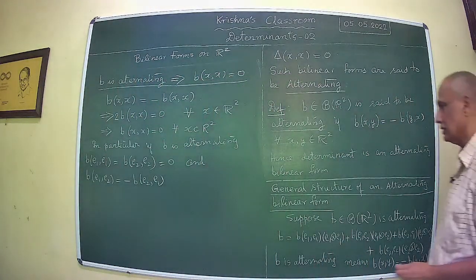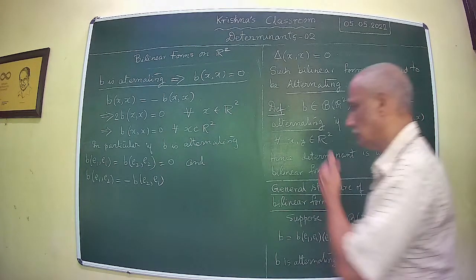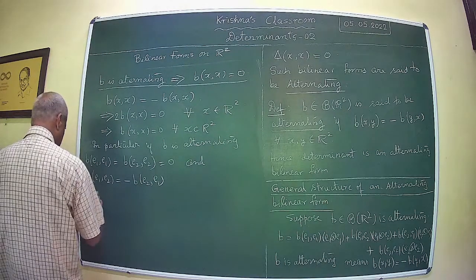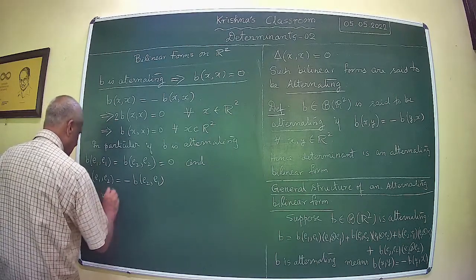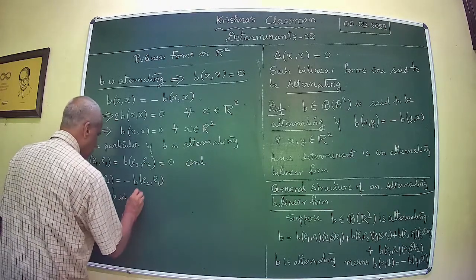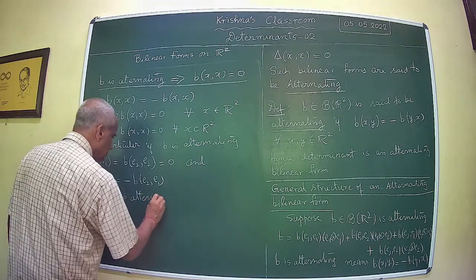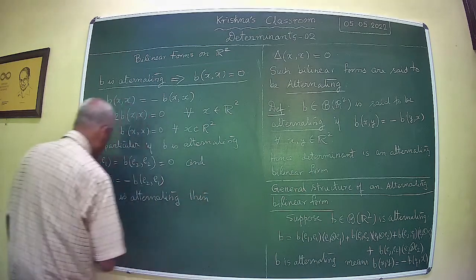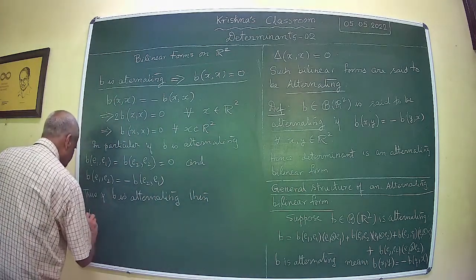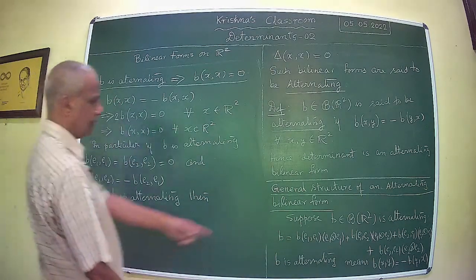Therefore you see that, thus, if B is alternating, B is equal to, let us work on this.